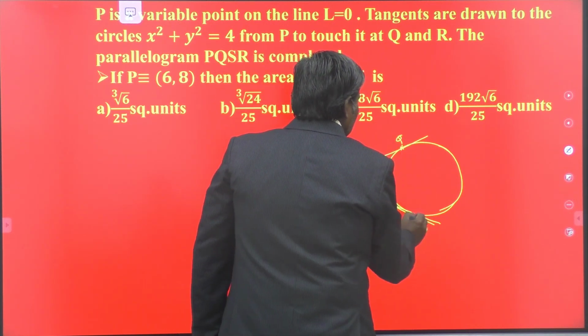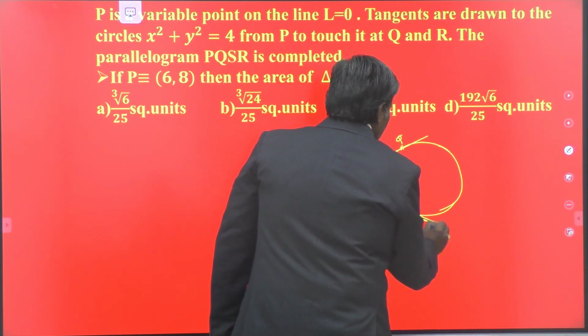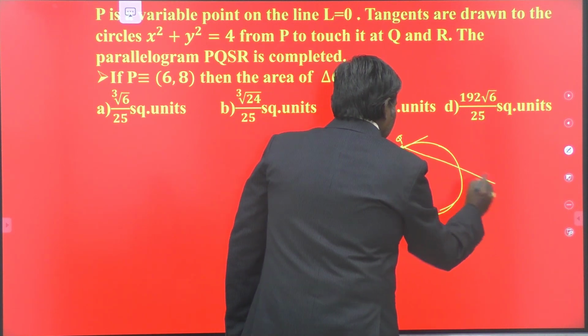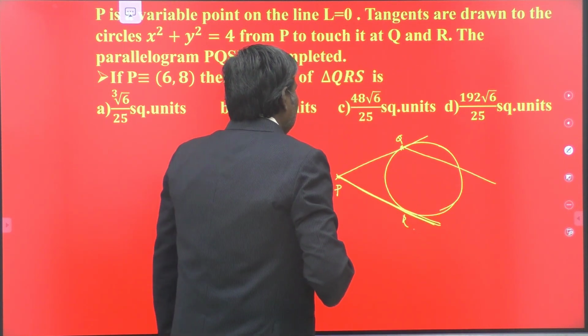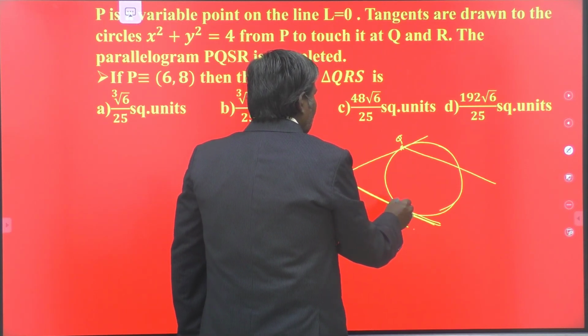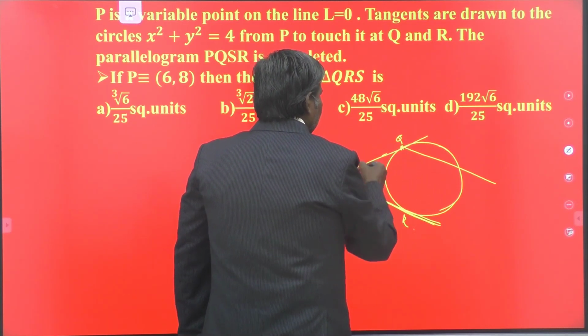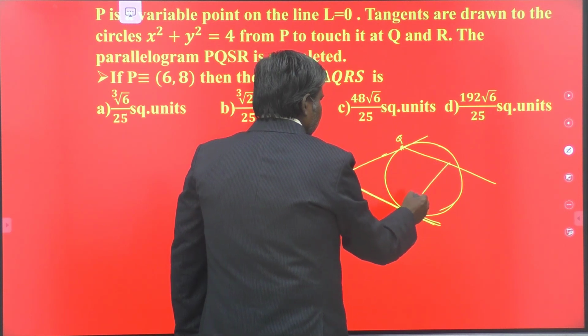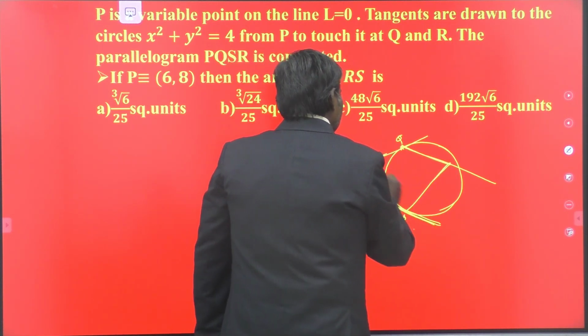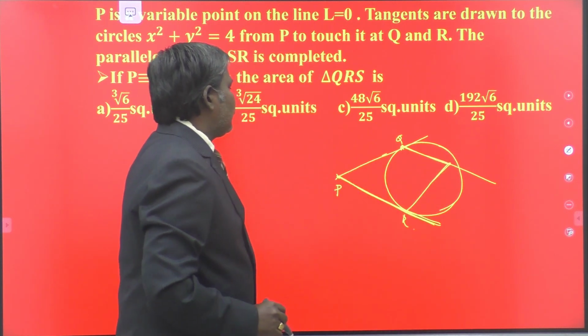Now the parallelogram is completed. We mean we have to draw the line through Q parallel to that one. This is the line. Now again you have to draw the line passing through R and parallel to PQ. The line may be like this. So this is the parallelogram.